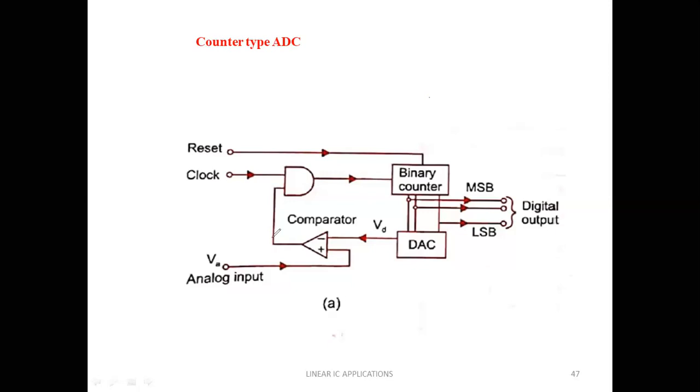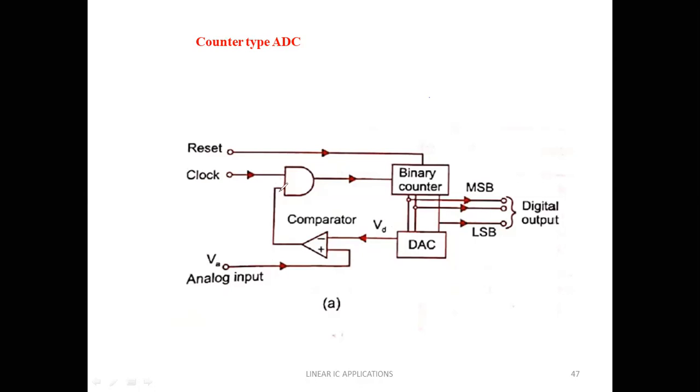So here the counter will count the number of pulses and it is applied to the input of the DAC. The analog output corresponding to the digital data is compared with the analog input voltage by using the comparator. If the generated DAC output voltage VD is less, it generates a high pulse.